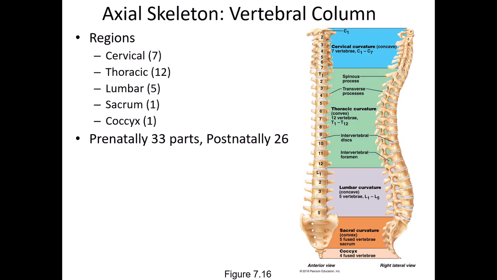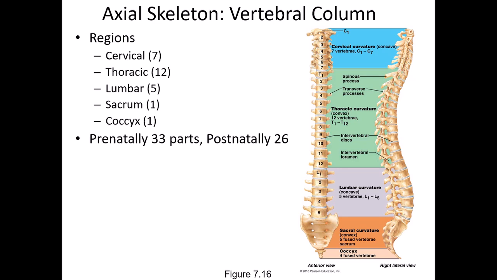And the reason that there's a difference in the number of parts prenatally versus postnatally is because that sacrum, which is 1 bone postnatally, began as 5 separate sacral vertebrae prenatally. And that coccyx, which is counted as 1 piece postnatally, was 4 separate coccygeal vertebrae prenatally.